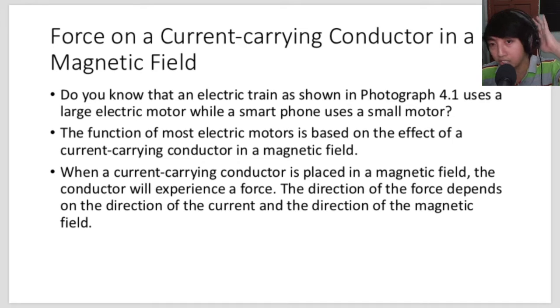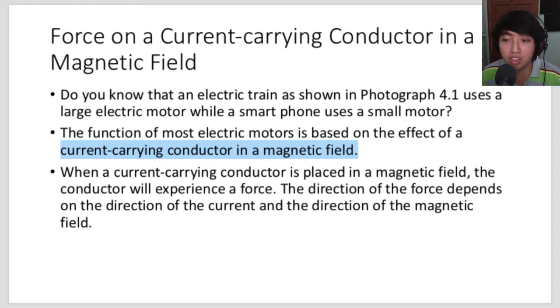An electric train uses a large electric motor, while a smartphone uses a small motor. The function of most electric motors is based on the effect of, once again, a current carrying conductor in a magnetic field. So once again, you see that term. It's quite important.